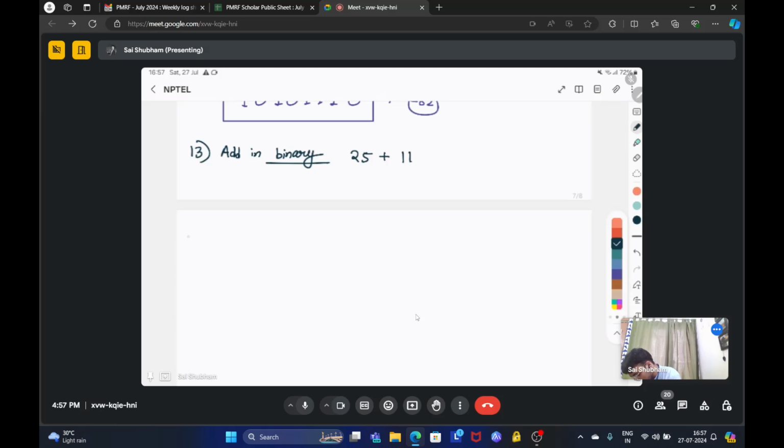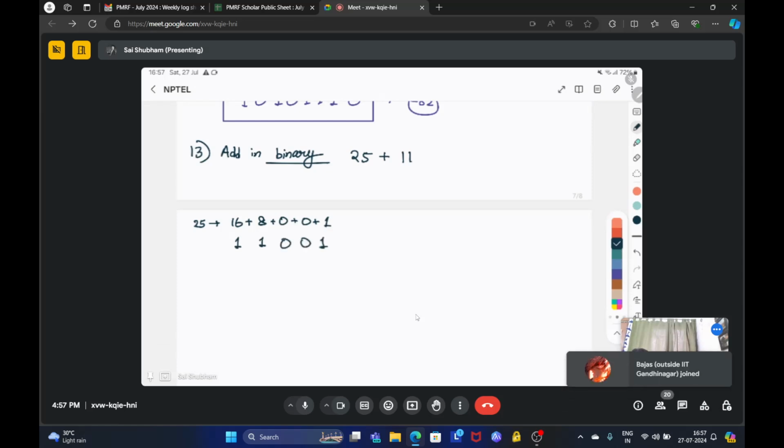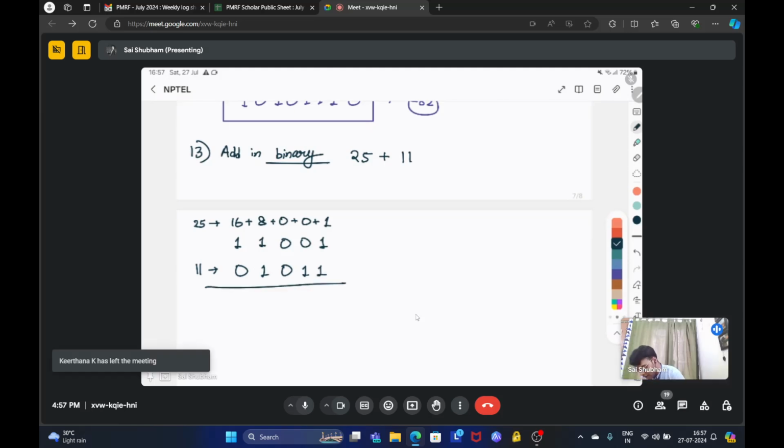So if you need to add two numbers, it will be like this. 1 plus 1 will be 10, right?